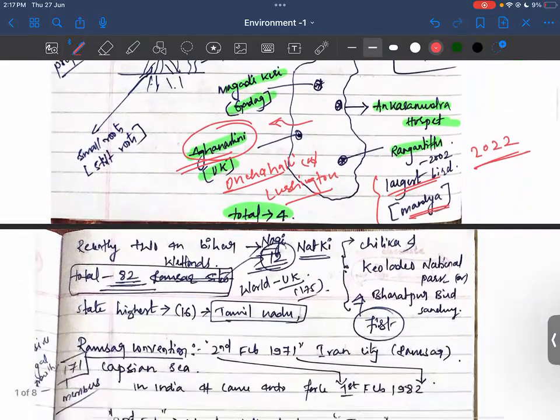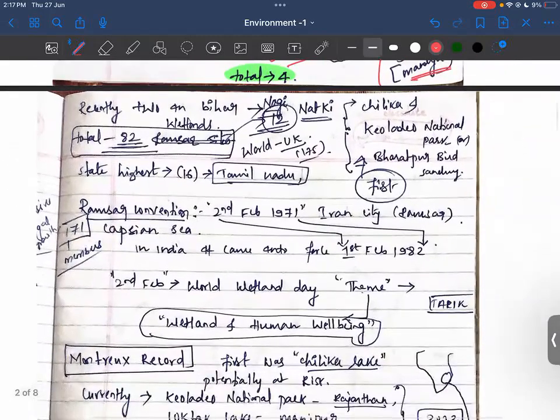So then moving further, the total Ramsar sites are 82 in number, and recently two Ramsar sites have been added in Nagi and Nakti, which is located in Bihar. So very importantly, in the world, if you consider 175 Ramsar sites alone in UK, the largest number of Ramsar sites in UK, and in India, when you talk about India, the highest number of Ramsar sites are located in Tamil Nadu, which is 16 in number.